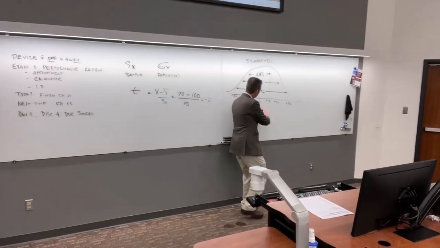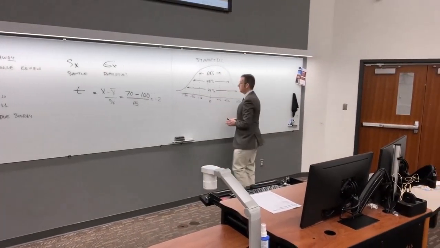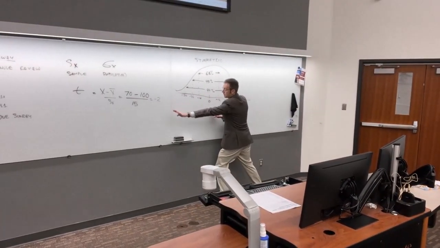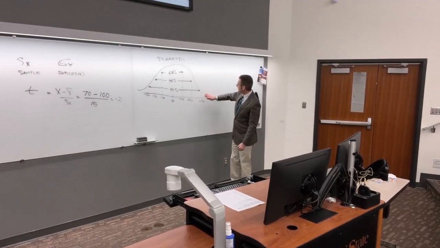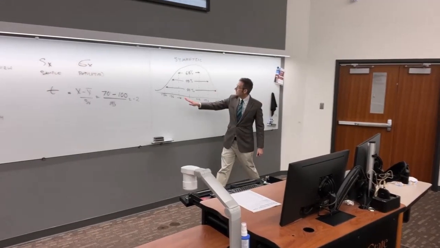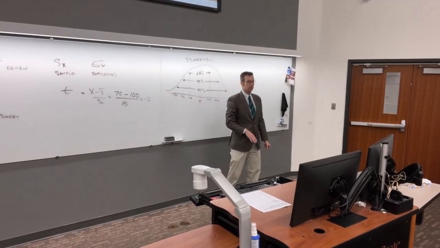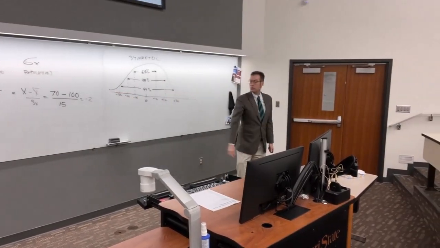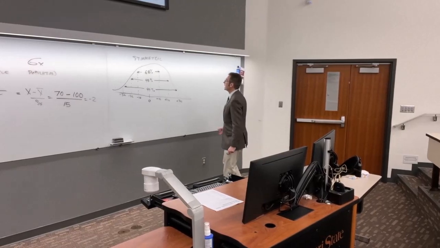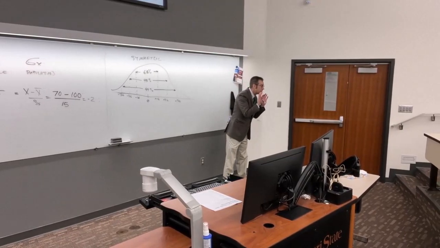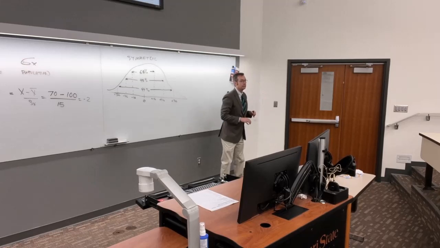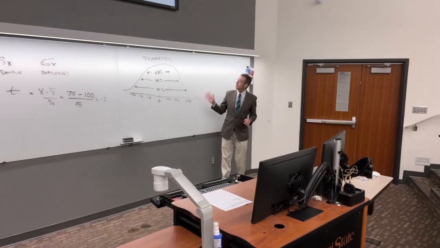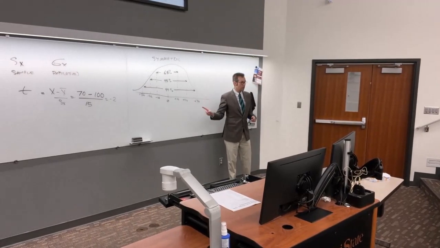Now, what does that mean? It means that 50% of the observations are over here, and 50% of the observations are over here, and there are just as many observations in this tail right here as there are down here. So now that we know that, we can say, well, wait a minute. By the way, what percentage is under the entire curve? 100%, right? There are no observations in the world that are not under this curve.